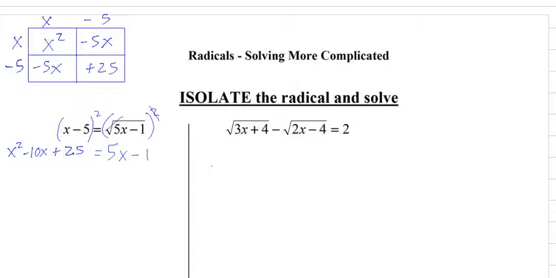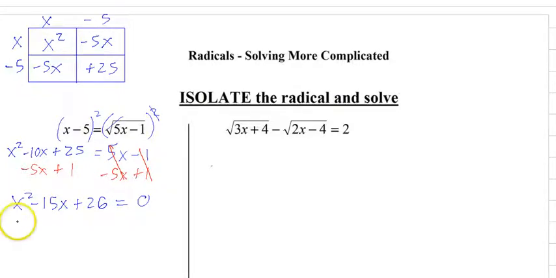And there it is. So now that there's a square on there, we're going to have to use either factoring or quadratic formula. But both of them require us to set it equal to 0. So we get x squared minus 15x plus 26 equals 0.